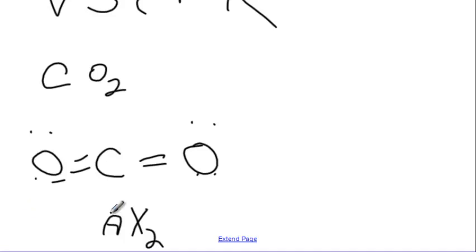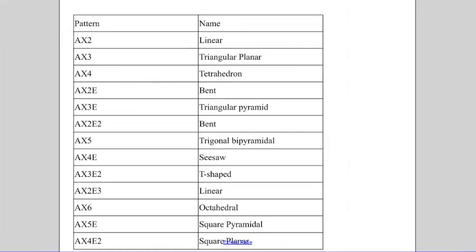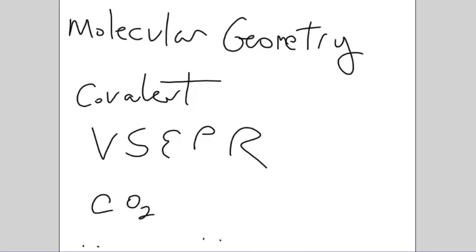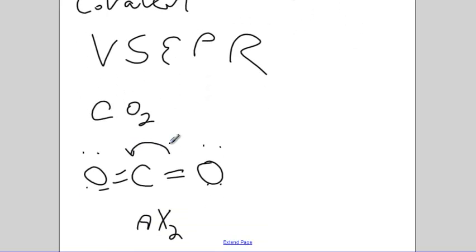Now, once you know the pattern, you look on this list. Something that is AX2, something that has two things directly attached to the center atom, is going to be linear, because that's as far away from each other as they could possibly get. 180 degrees.